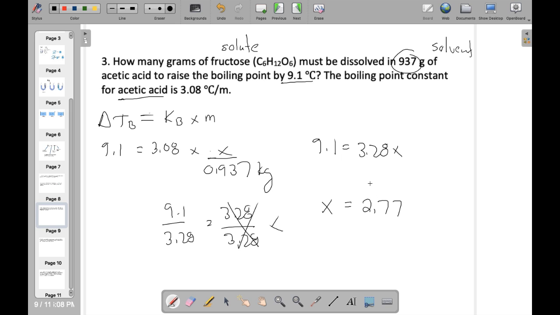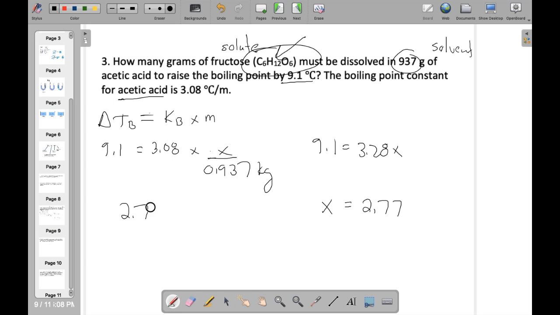What does this number tell us? Basically it tells us how many moles we have. We have 2.77 moles of fructose. But we also have the formula here, so I can figure out how many grams I have. I have 2.77 moles of fructose; how much does 1 mole of this stuff weigh?